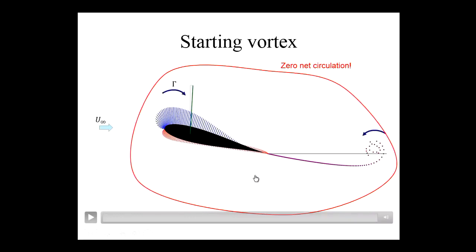And that explains why we should consider there's a circulation around the airfoil. Okay, I find this is not very convincing, but there's a vortex of the opposite sign that is shed by the airfoil.